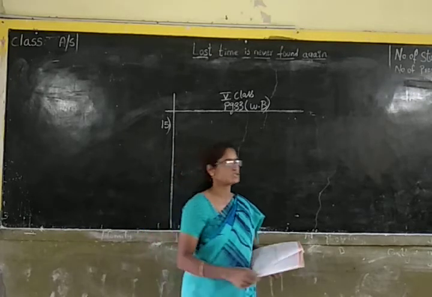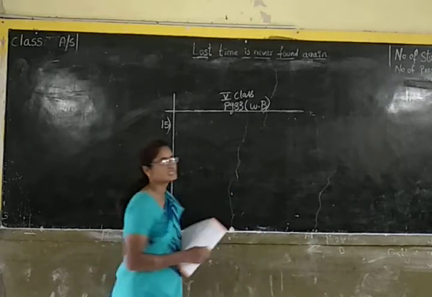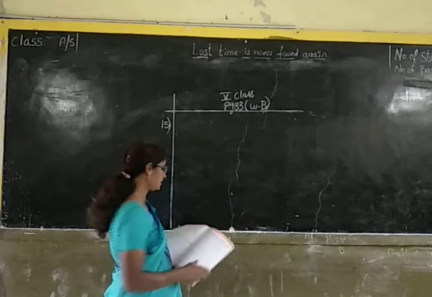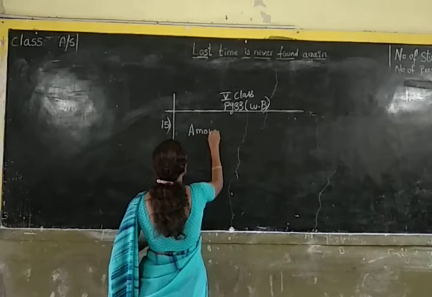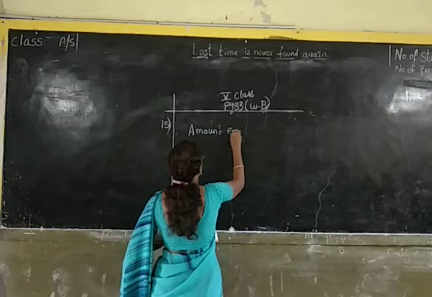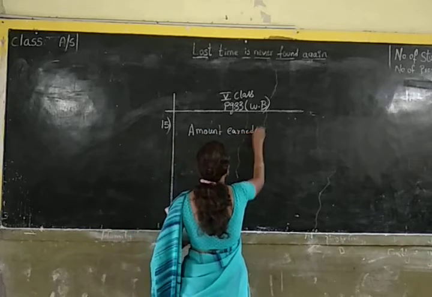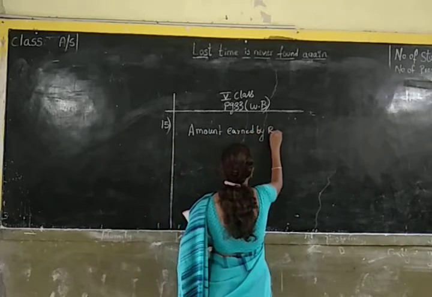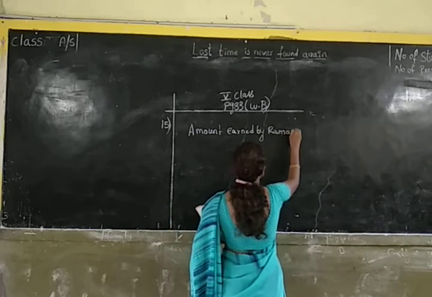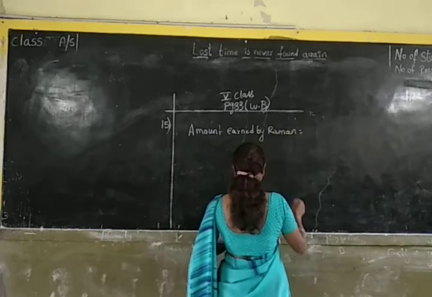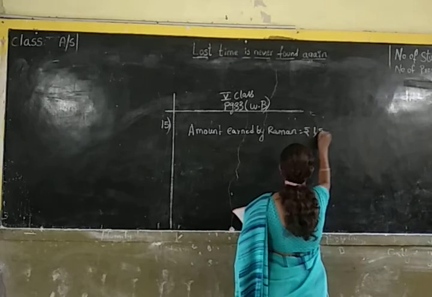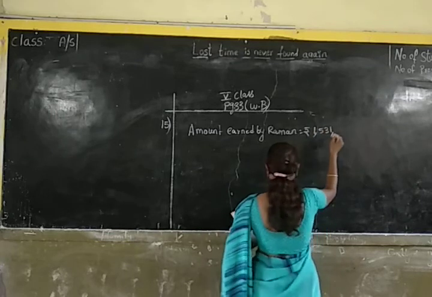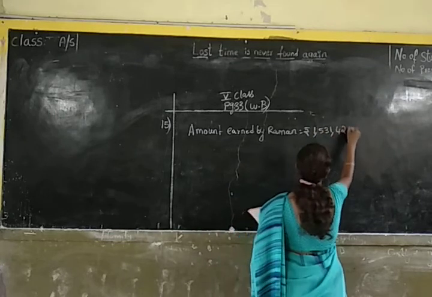Okay children, now let us do the sum. First let us find out the actual savings. What is the amount earned by Raman? He is earning 1,531,425.